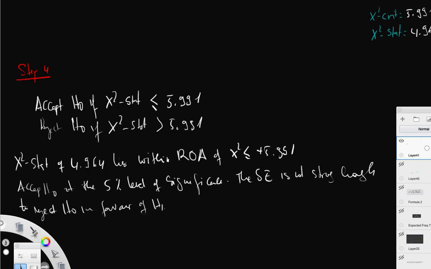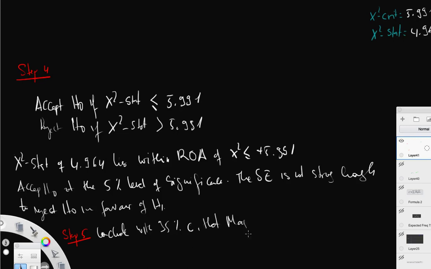Now for our step 5, the management conclusion, I will not write everything, but I can just speak it out. What we can conclude with 95% confidence, what are we concluding here?